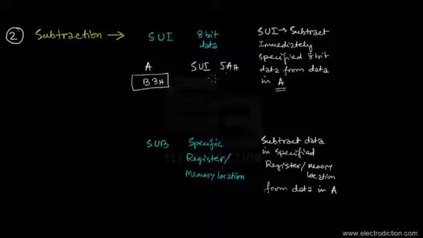What this instruction implies is to subtract immediately from the accumulator data this particular 8-bit data that I have specified over here.